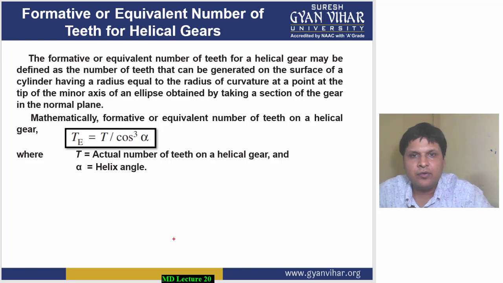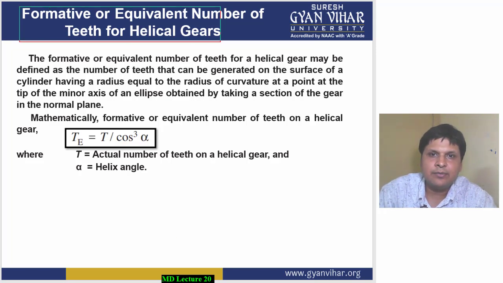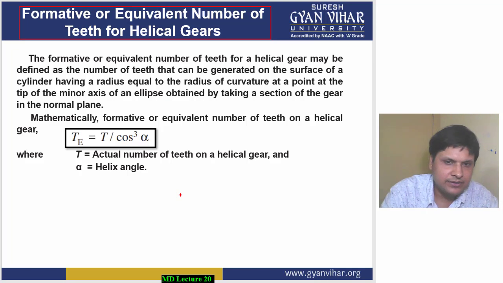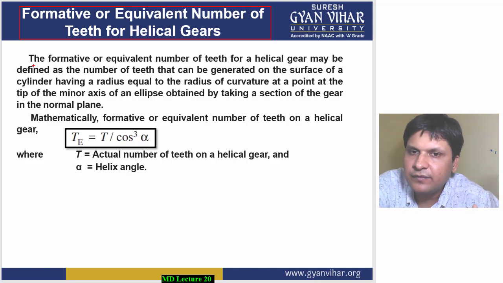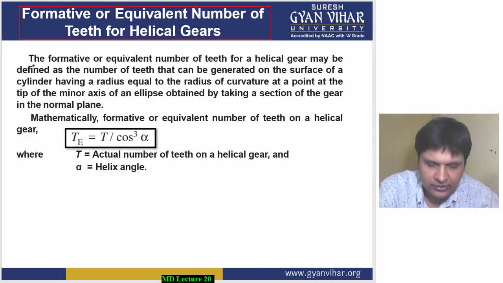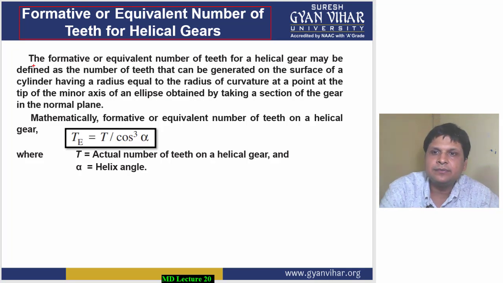Now we will know what is the formative or equivalent number of teeth for helical gears. Basically, in the Lewis equation, you will have to use the number of teeth. So what value will you take in helical gears? First of all, what are formative or equivalent number of teeth?